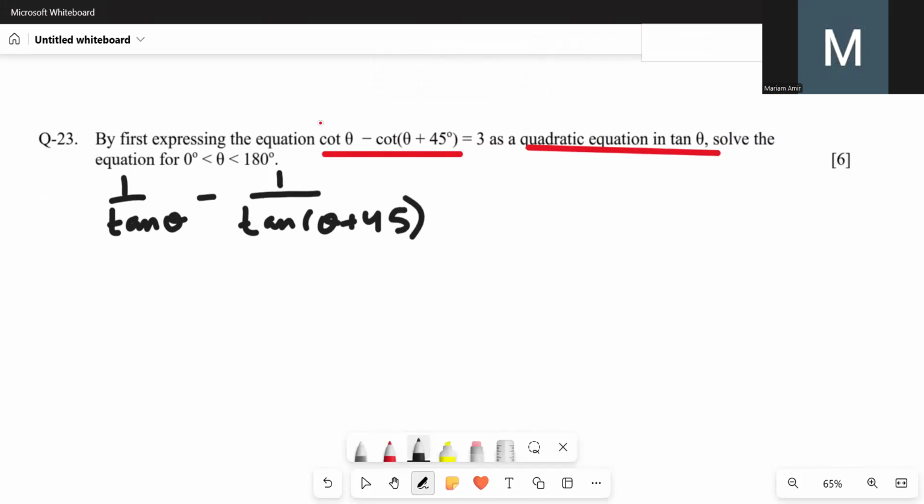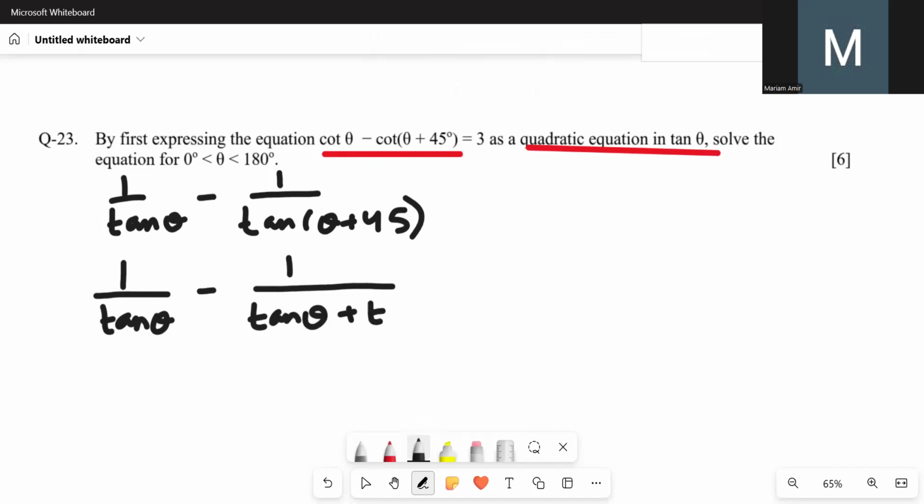Now tan of theta plus 45 would be tan theta plus tan 45, and in the denominator it will be 1 minus tan theta tan 45, which will later go in the numerator. So I'll directly just send it to the numerator.